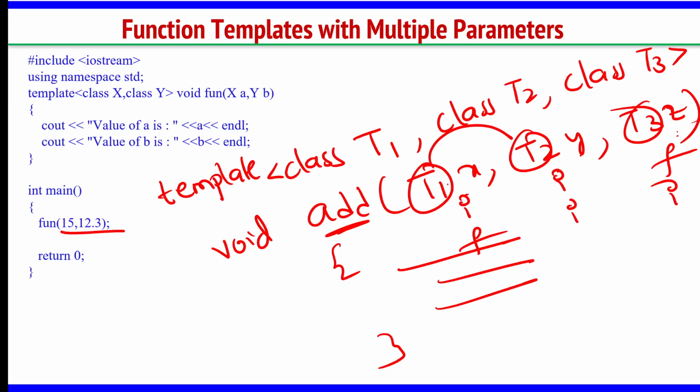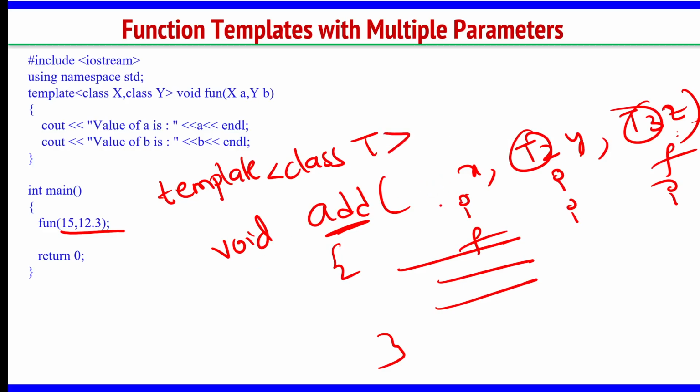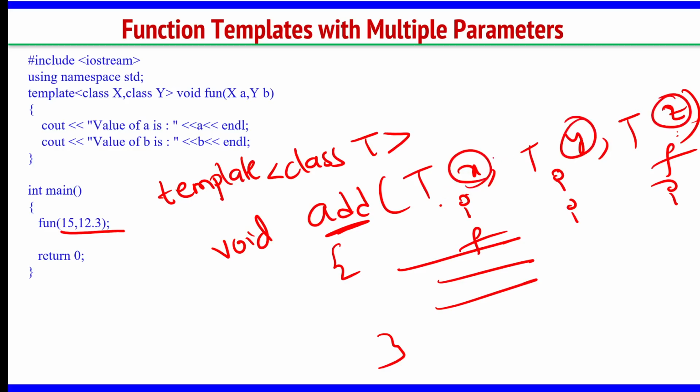If all three are same, you just write T only, why all these three are required. If all three are same, you can simply say class T like this, and here you can define T of x, T of y and T of z. That is why we use templates more when you have to play with the same data type, meaning all those variables which I am playing with belong to the same data type.